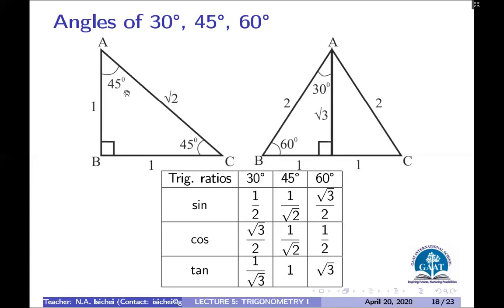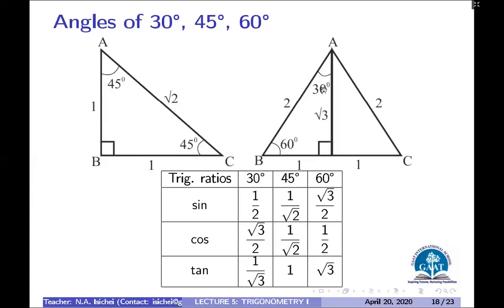Finally, for tan 45, we are still taking this as the reference angle, opposite over adjacent. That is 1 over 1, which is 1. So tan 45 is 1. Sin 45 is 1 over root 2, cos 45 is 1 over root 2, and tan 45 is 1.